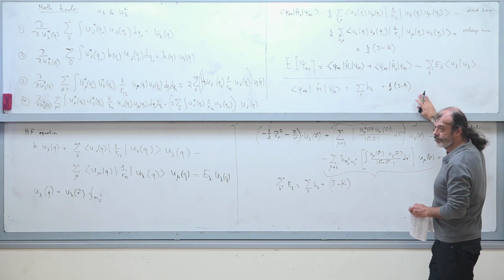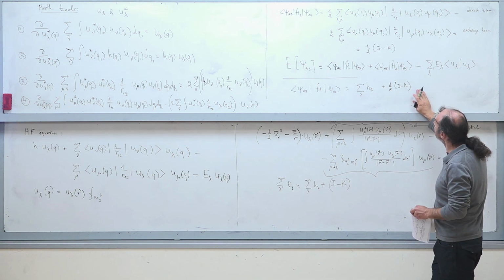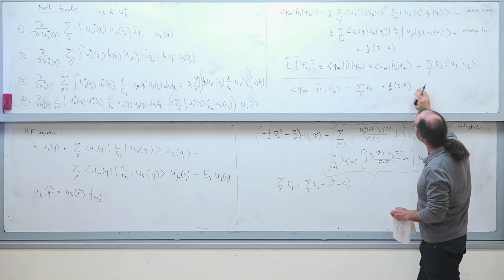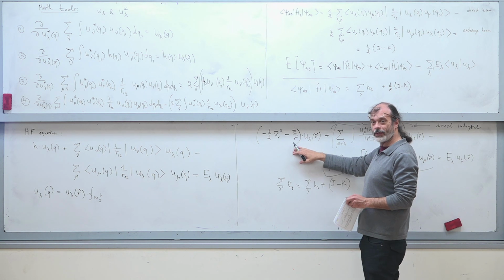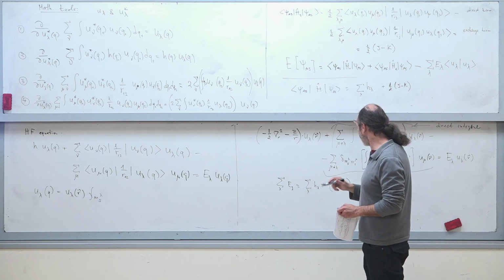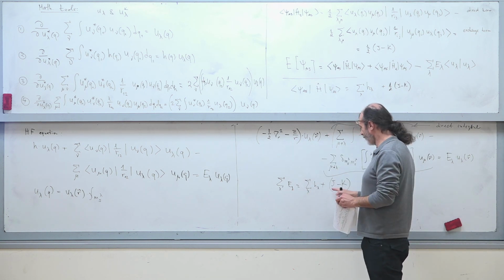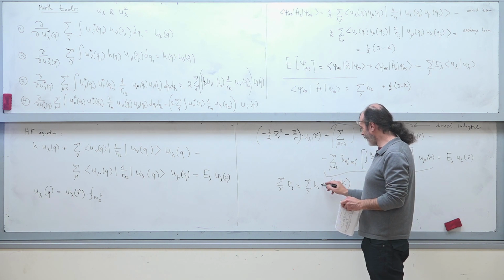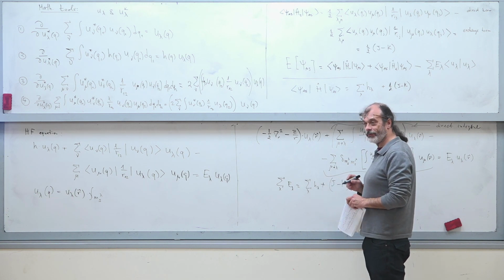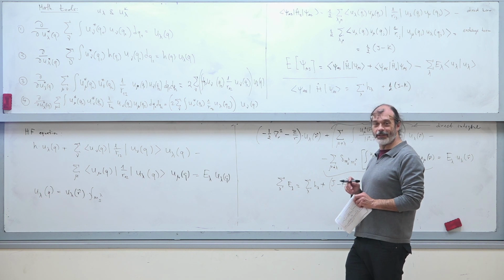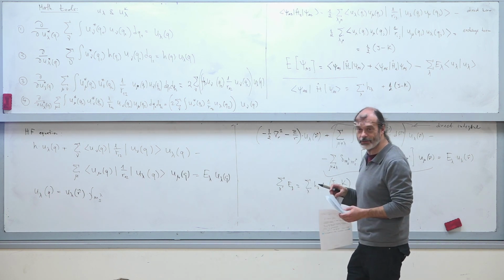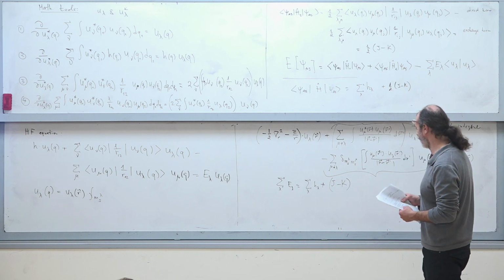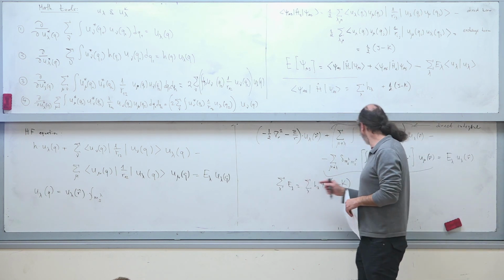I have this 1/2 here, but at the end, when I get the Hartree-Fock expression, the energy is different by the 1/2. So it's not a mistake. It's essentially something that is related to the total energy and the meaning of this energy E lambda.